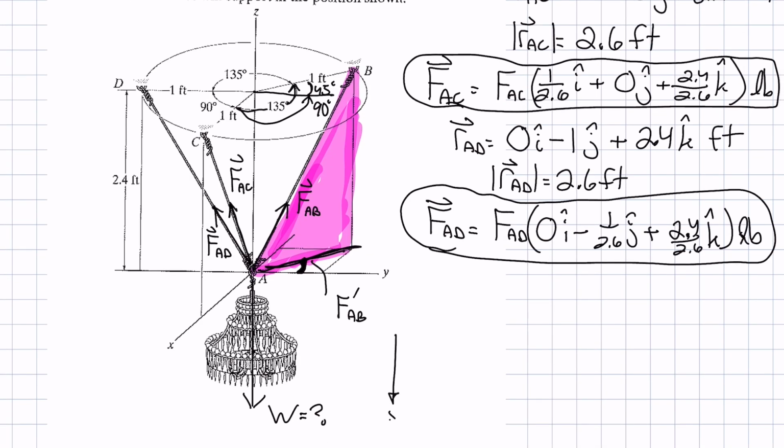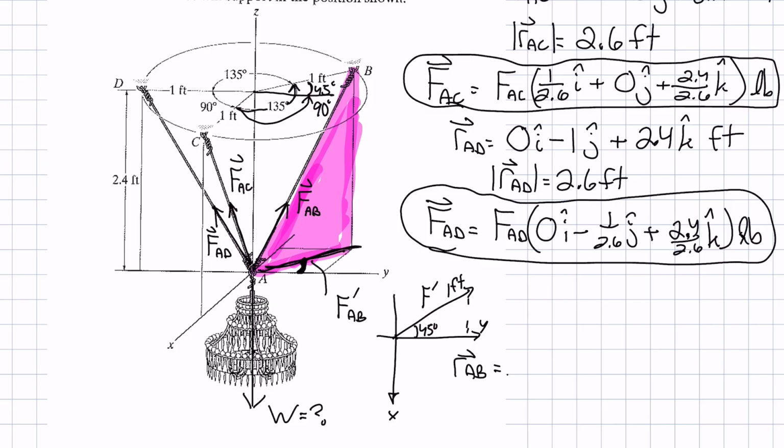So if I draw it as if I'm looking down on it, there's my x and y axes, and I put in the FAB prime, then I would put an angle there of 45 degrees. Now notice the radius is just 1 foot, so that provides me the hypotenuse that I can now use to find the x and y equations. So this is actually easier than it looks.